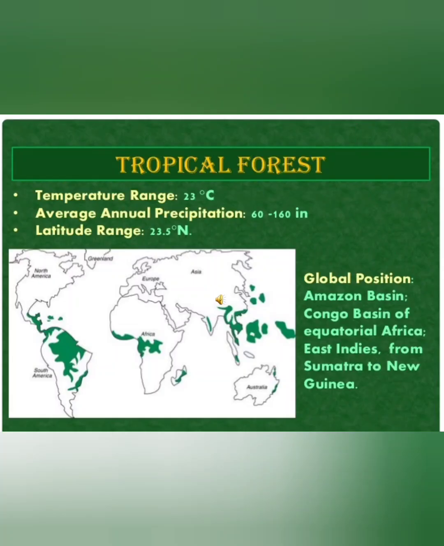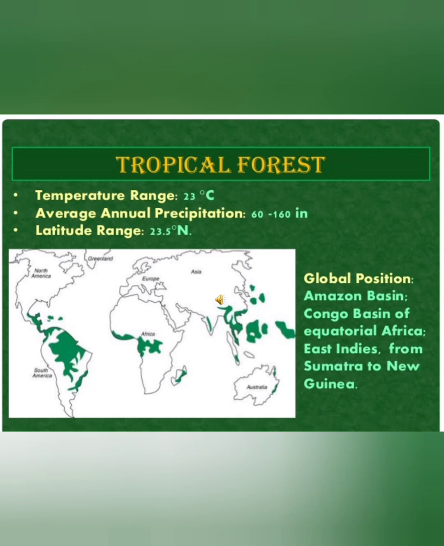Tropical forest. Point 1. Temperature range 23 Celsius. Point 2. Average annual precipitation 60 to 160 in. Point 3.